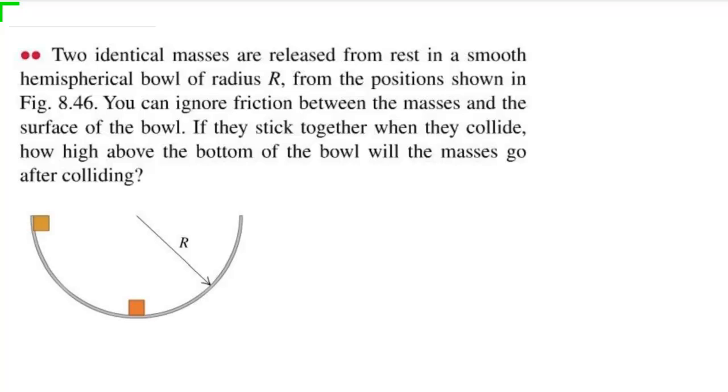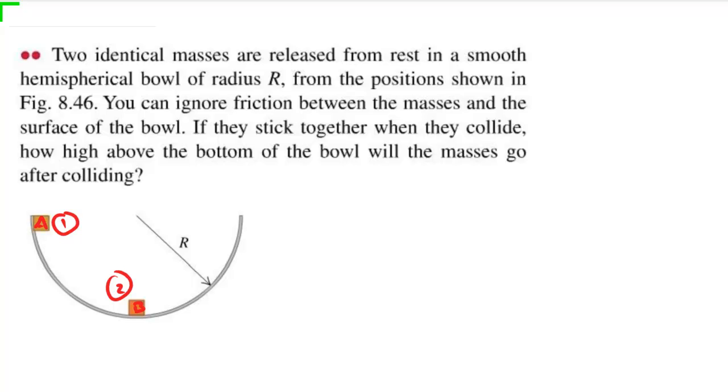To establish our method more clearly, let's start out with identifying some points. We'll call point 1 up here when this block is at rest. Maybe I'll call this block A and this block B. So they're both at rest at point 1. At point 2, we'll say block A is all the way down at the bottom, just about to smash into block B, but they haven't actually collided yet.